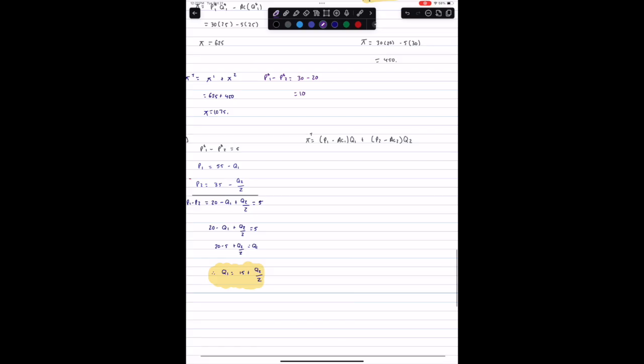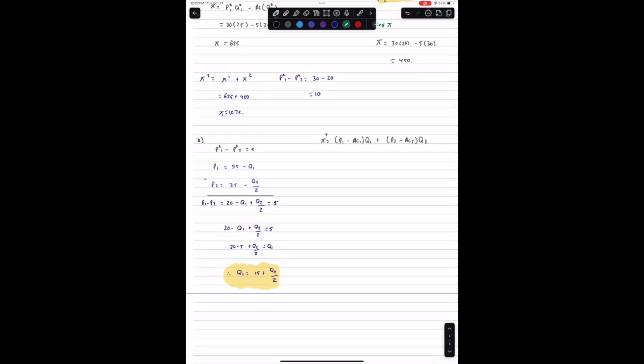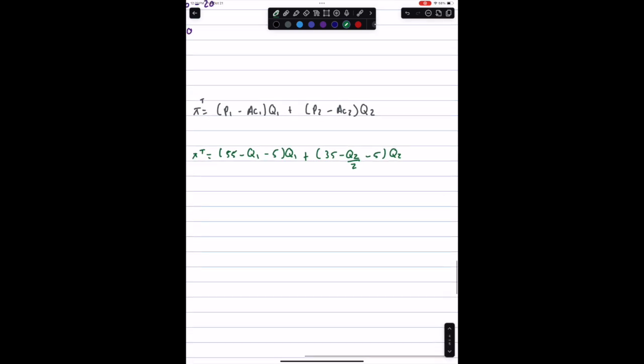So if we sub in our P1 and our P2, let me zoom this out so you can see it. Profit total is going to be equal to 55 minus Q1 minus 5, because that's our average cost, times Q1, plus 35 minus Q2 over 2 minus 5 times Q2, right?